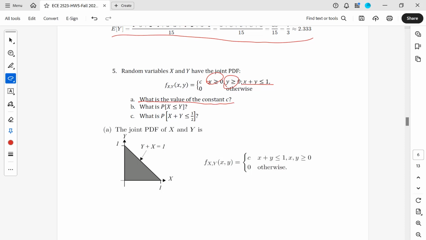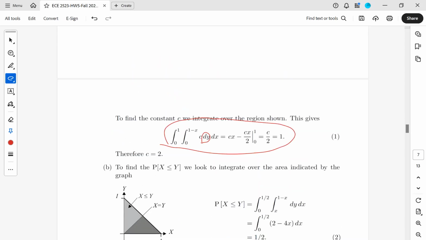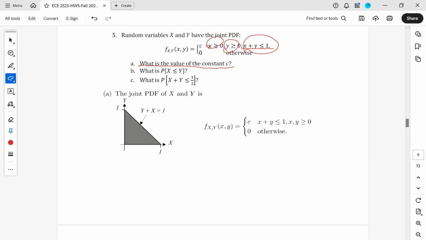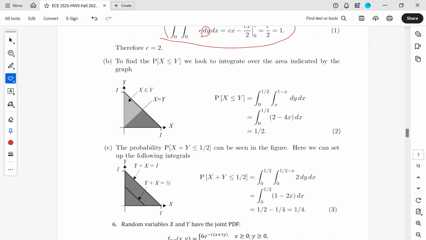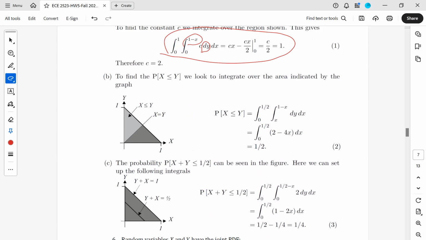If you do the integral over x and y, for example here, first we do the integral over y, but we know that y is limited by our condition. So y is always lower than or equal to 1 minus x, okay? So the upper limit of y is 1 minus x, and the lower limit is that y should always be non-negative, so it's 0.